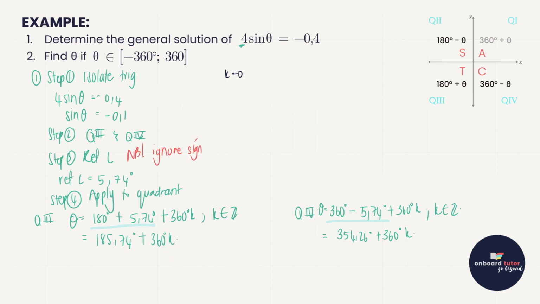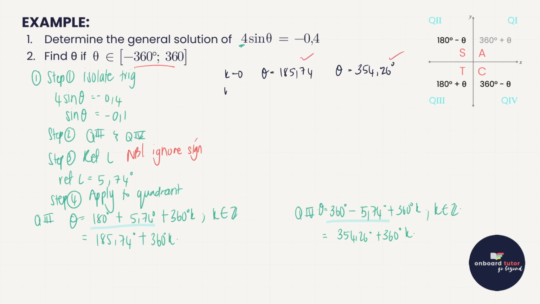So I'm going to end up then with theta is equal to 185,74, and in the second solution there, theta is equal to 354,26 degrees. Okay, and both of those still fit within my domain there. Okay, they're not too big, they're not too small.